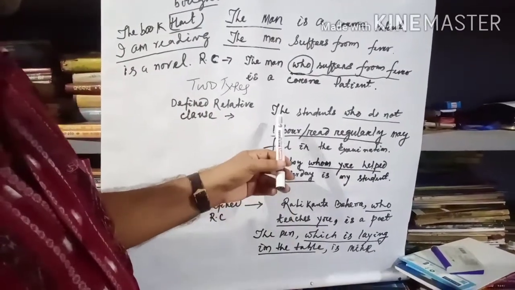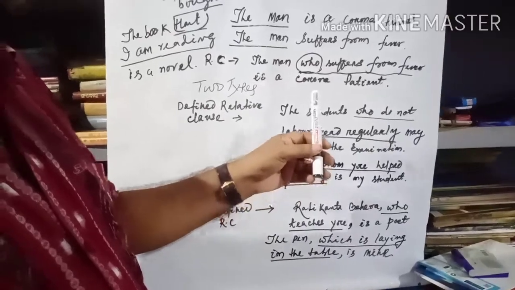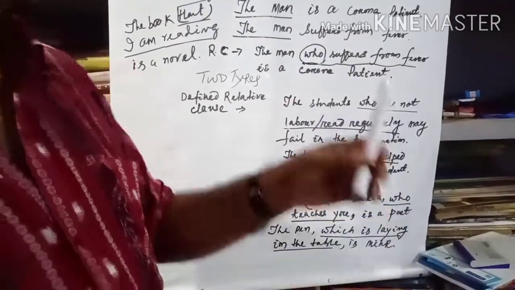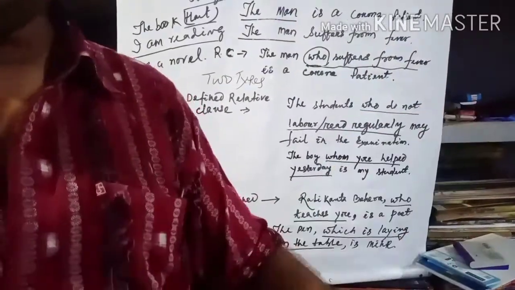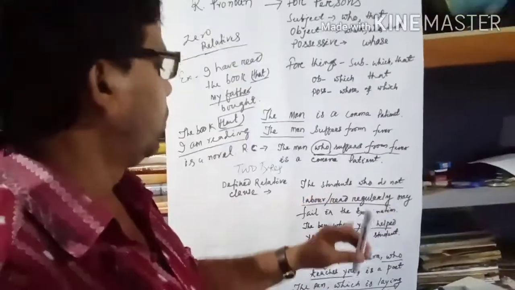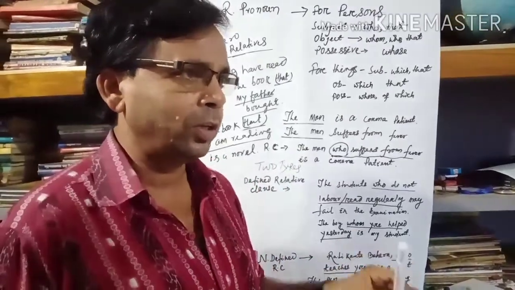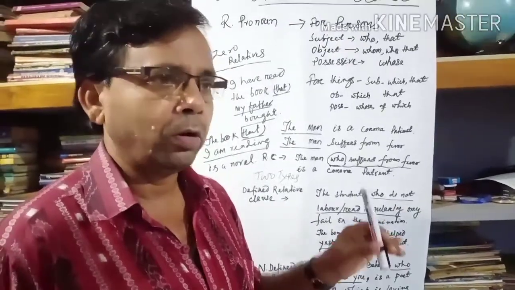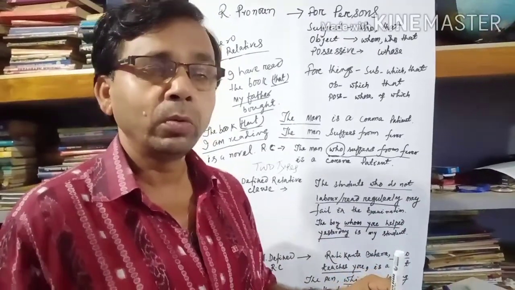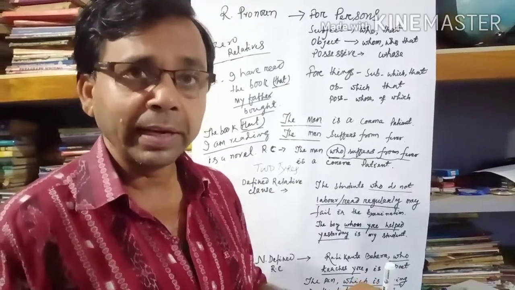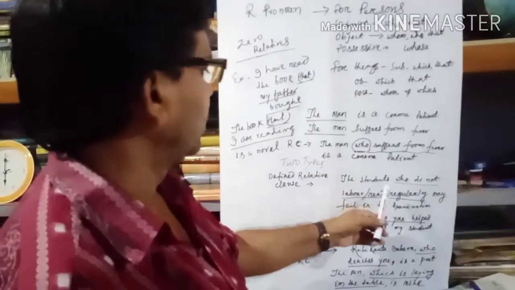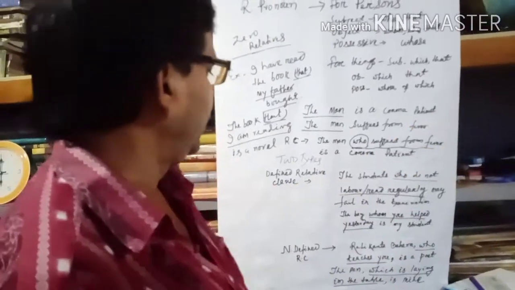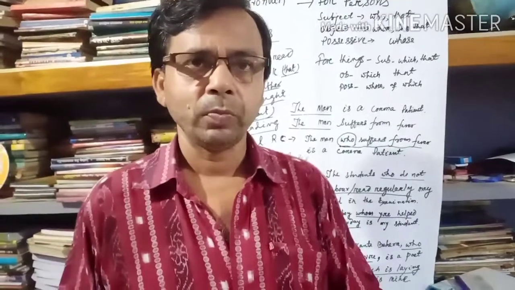So the speaker has limited or defined or even identified only the students who do not read regularly. Here the speaker does not put any focus on the students who read regularly. Rather, the speaker says only the students who do not labor regularly may fail in the examination.